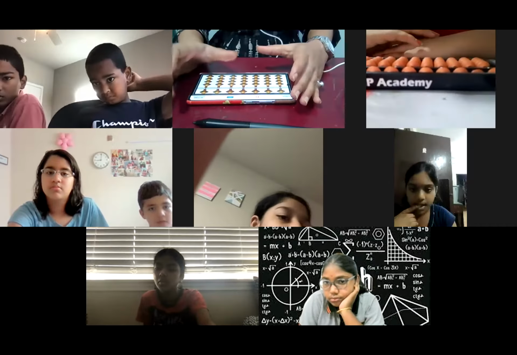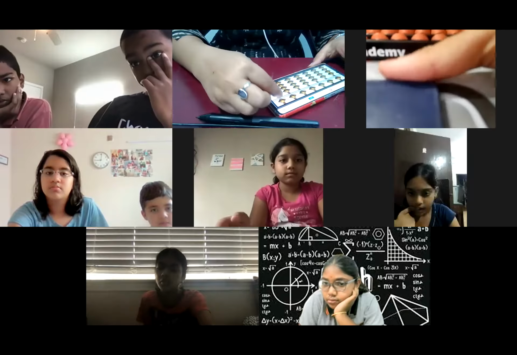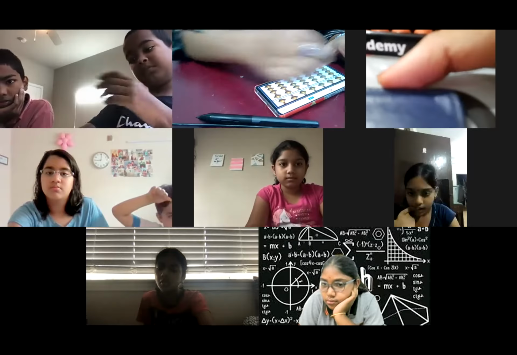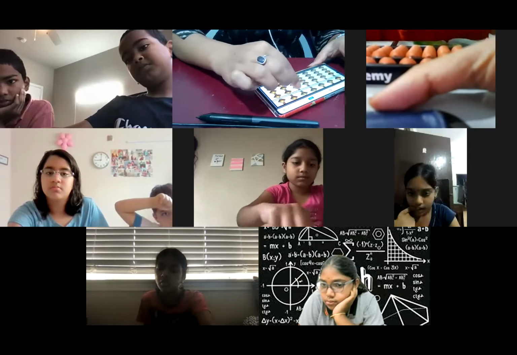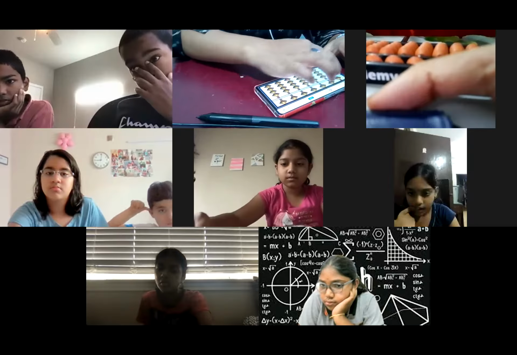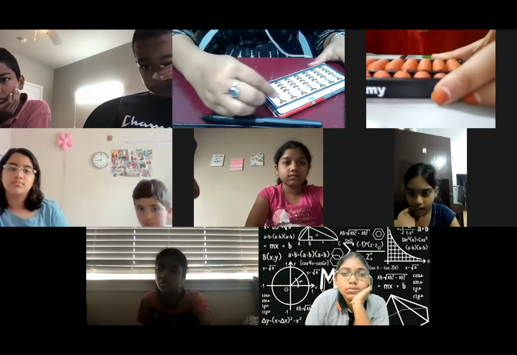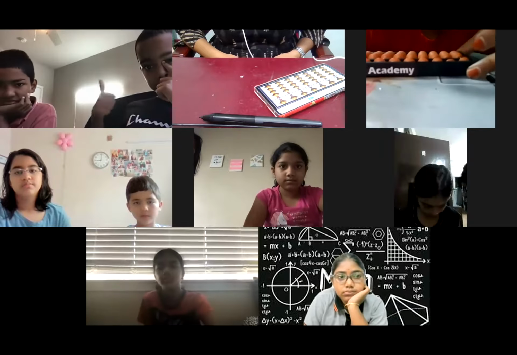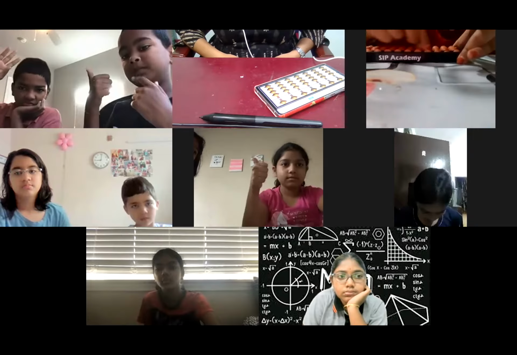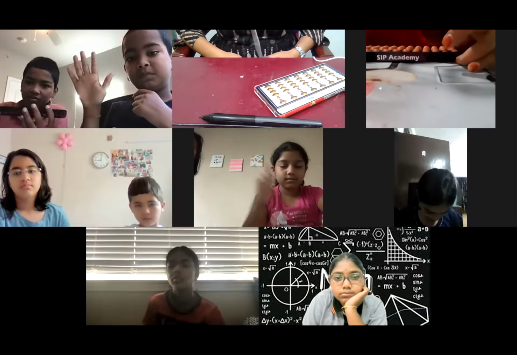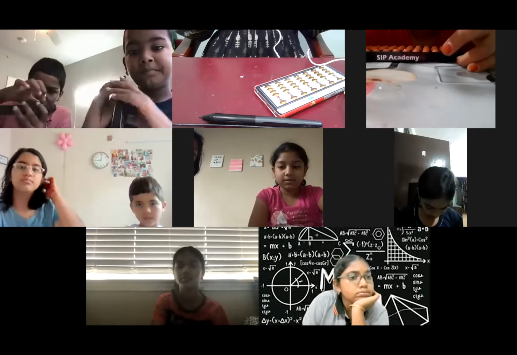Now your upper beads will be down. So you have to make a pinch, and that is your value bar now. Drag it along the value bar. All the upper beads will be in the upper portion and lower beads in the lower portion. Make a pinch and drag it along the value bar like this. Anybody who is having the tool, can you drag your finger? Very good. Drag your finger along the value bar.